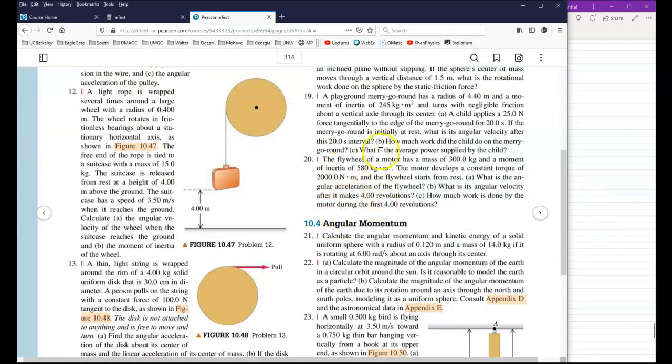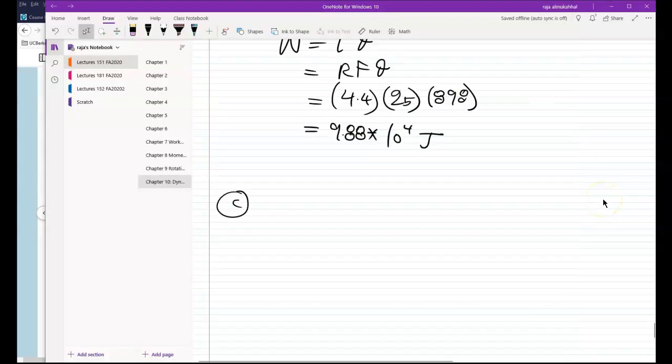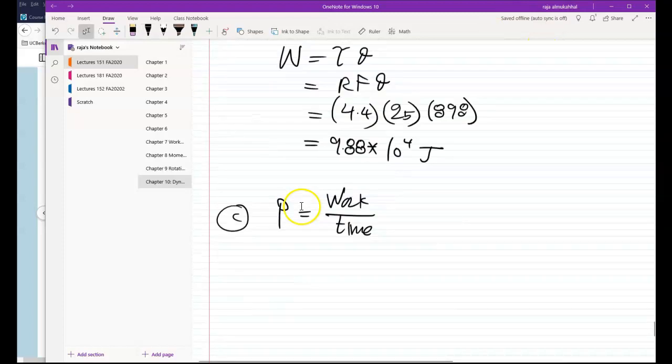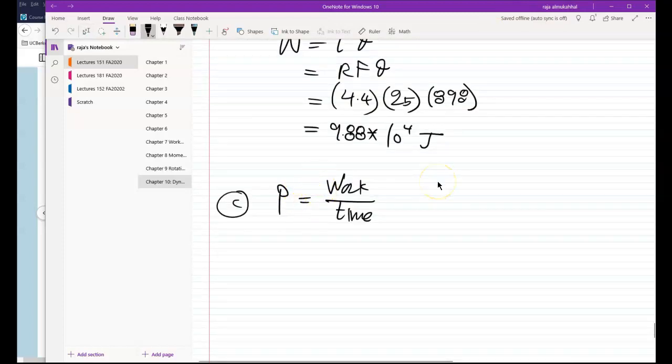He says, number 19, what is the average power delivered or supplied by the child to the merry-go-round? Well, the power, if you remember, is equal to work over time. And work, we just got the work right here, and we know what the time is. So it's a pretty simple problem.